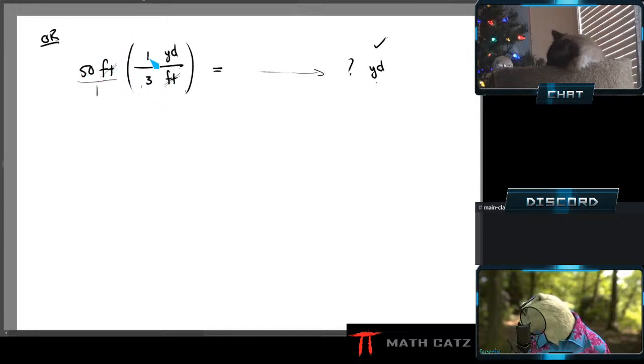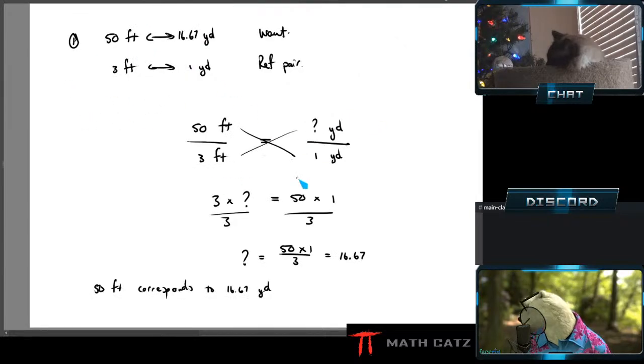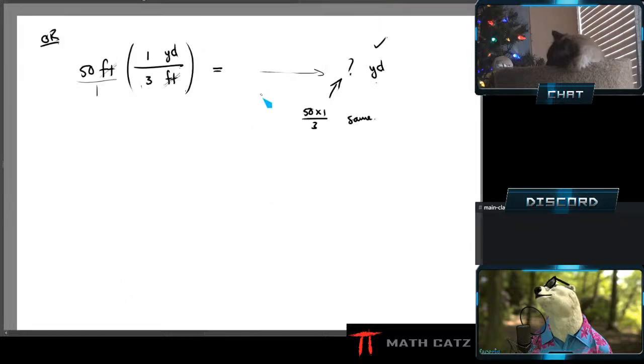And then I have 50 times 1 over 3, and again here I get 50 times 1 over 3, which is of course the same. So it's just a slightly more compact version of this. It is exactly the same thing, but I didn't have to set up an equation, didn't have to go this long detailed route if I don't have to.